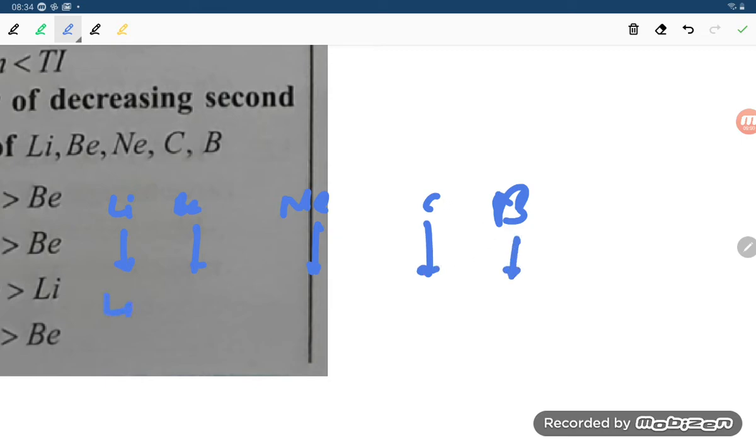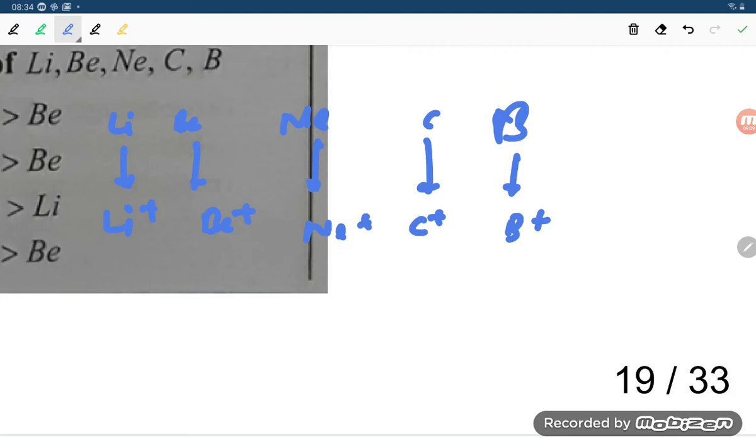So first IE means lithium plus, beryllium plus, then neon plus, carbon plus, boron plus will be there. What is the configuration in this case? These are the first IE. For lithium plus, 1s2 will be there, a stable configuration, right? Then beryllium, what is there? This will be 1s2 2s1, so there will be one electron in the valence shell.